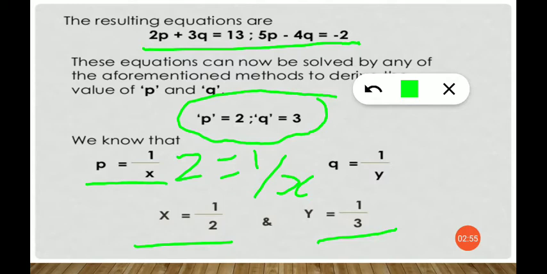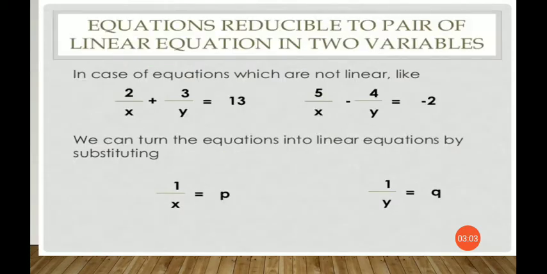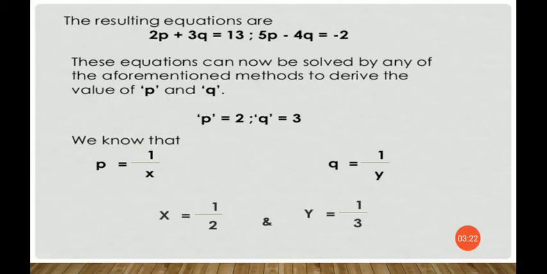And this is the answer of the given equations, which are not linear equations but which are reduced to linear equations after a few changes. In the same way we will do the exercise questions also.